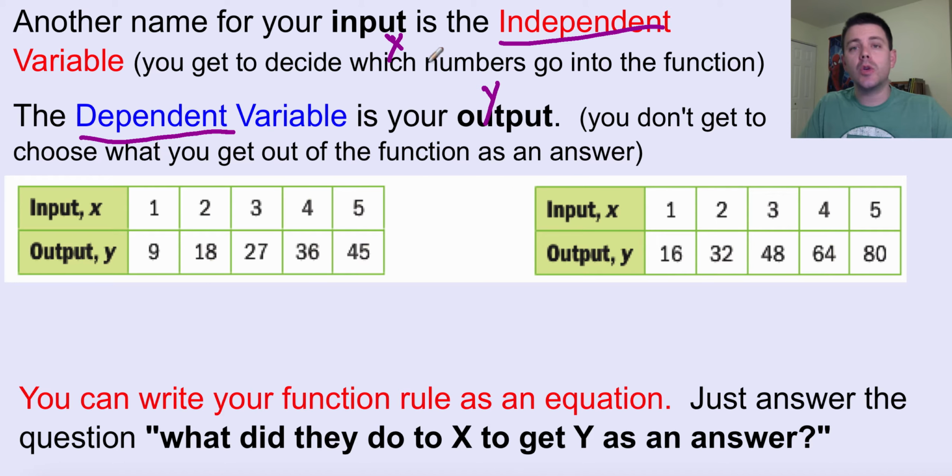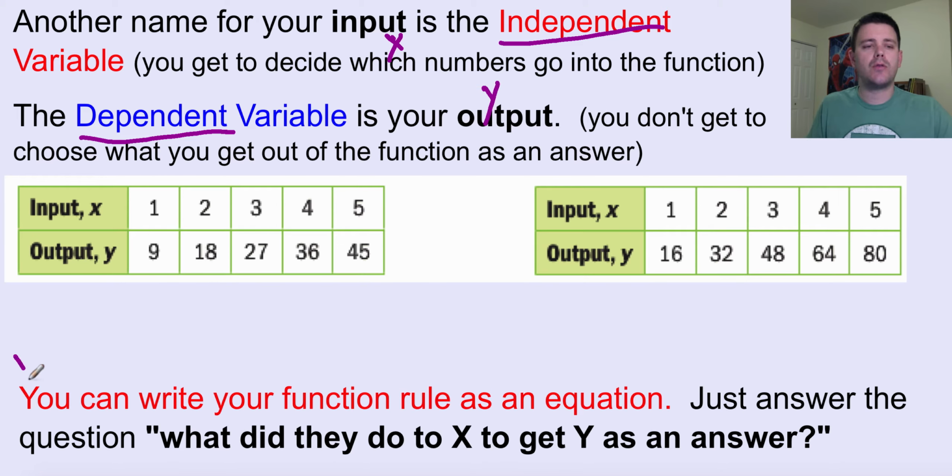Independent meaning you get to choose it. No one's deciding it. You decide what you plug in, or we give you some numbers to plug into it. The dependent variable is your output. The dependent variable is completely controlled by the function. It doesn't have any choice. You plug something in, you have to follow the rule. It spits out a particular output. So it depends on what you plugged in terms of what you got back out again.